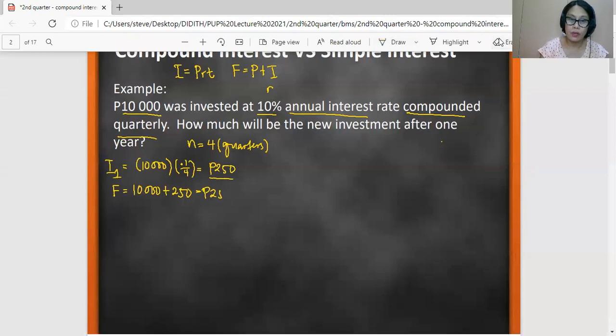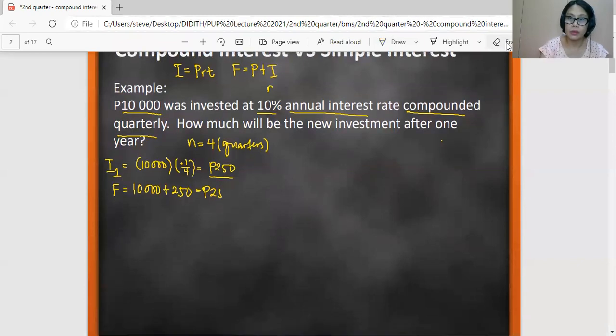So that's the final amount. Now, this final amount, class, will be the new principal amount in calculating the interest on the second quarter.